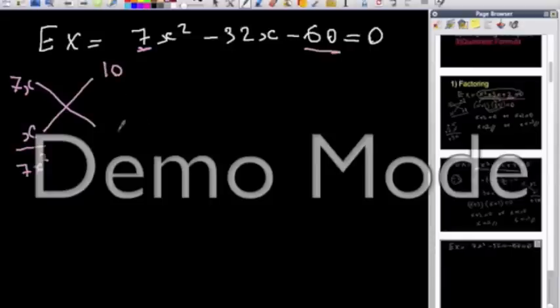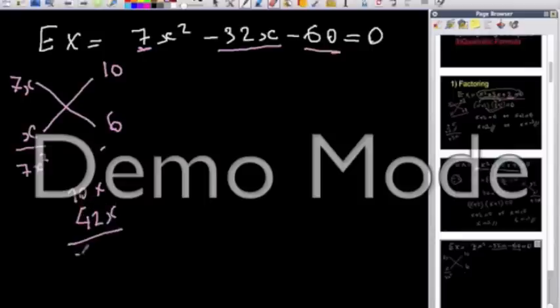But then right now we need to figure out the negative 32. If 10 and x gives us 10x, and if 6 and 7x gives us 42x, do we get negative 32x? That's the question.